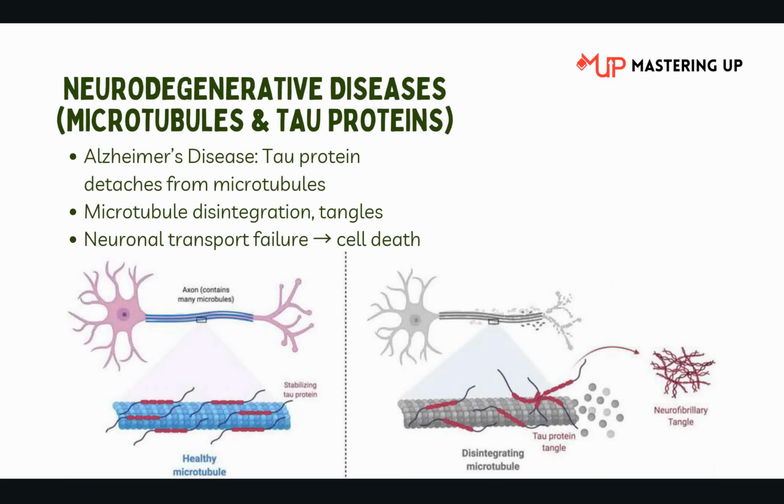So this leads to the formation of tau tangles and failures of intracellular transport, and the neurons lose their ability to communicate and eventually die, resulting in memory loss, cognitive decline, and behavioral changes.